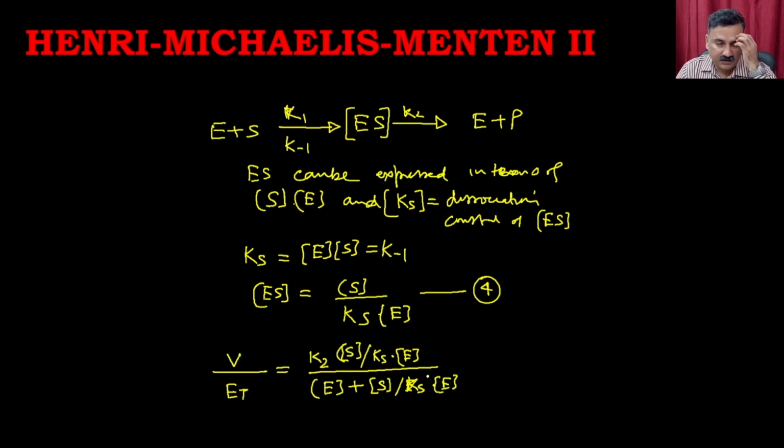And in this, E is going to be cancelled out. So this is equation number 5, and ultimately, after E cancels out, this is going to be equation number 6.